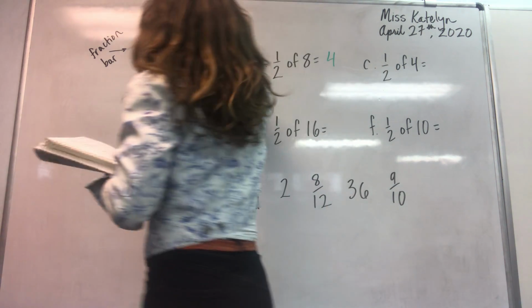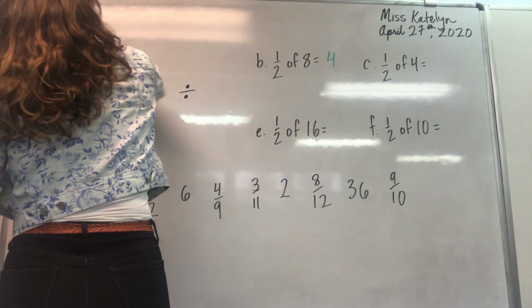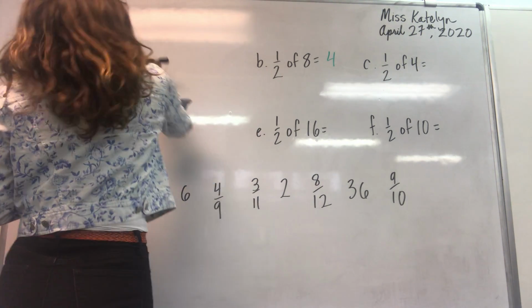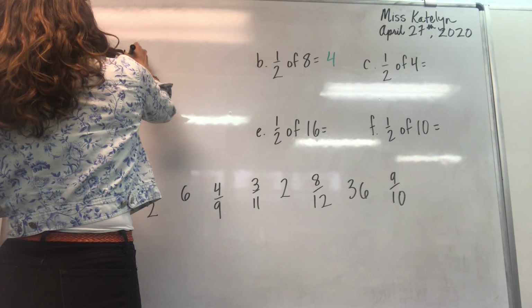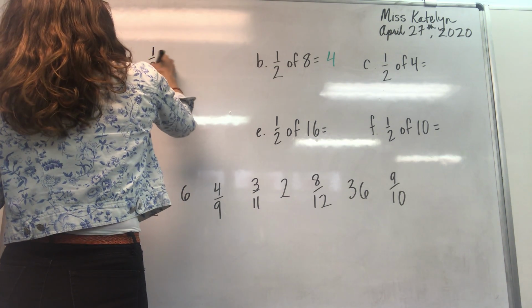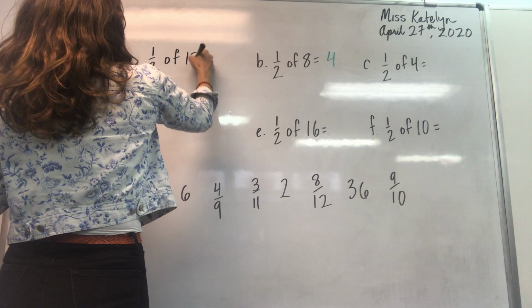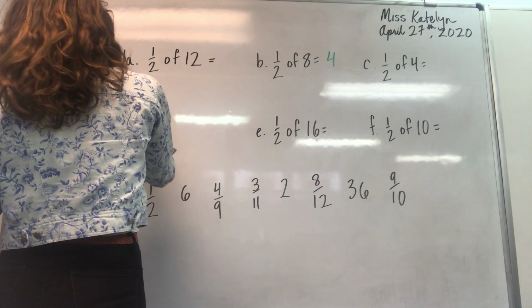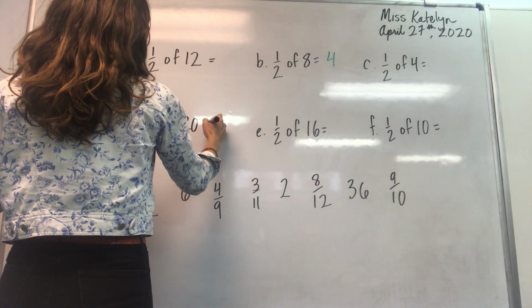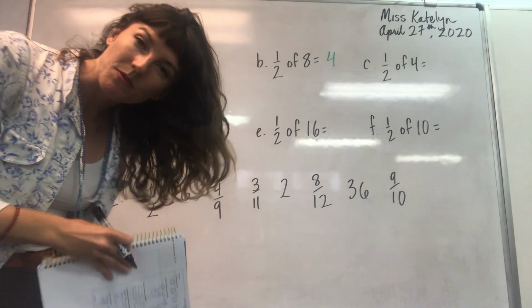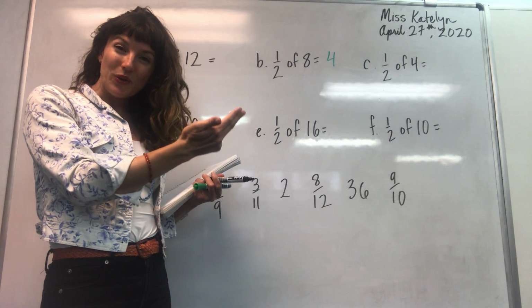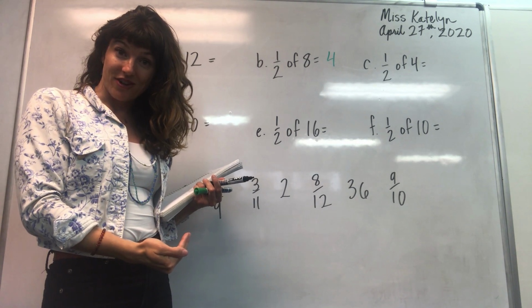I'm getting rid of this, and I'm going to write the other problems from section number 1 up here. While I do that, take a look at it. Make sure your name and date is at the top of the page. 1/2 of 12 equals, and 1/2 of 20 equals. So that fraction bar is a division symbol, okay? We're going to divide the whole number by our denominator.